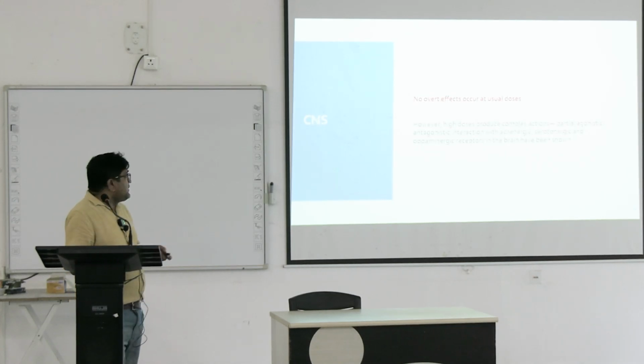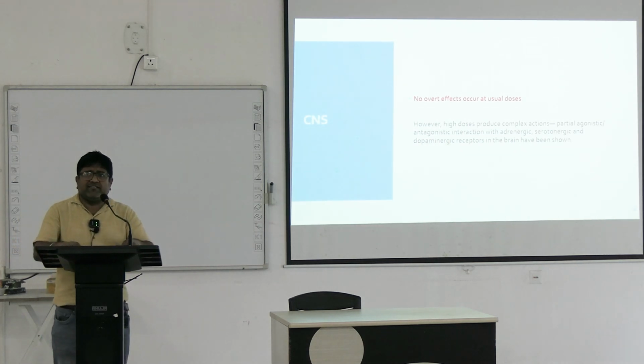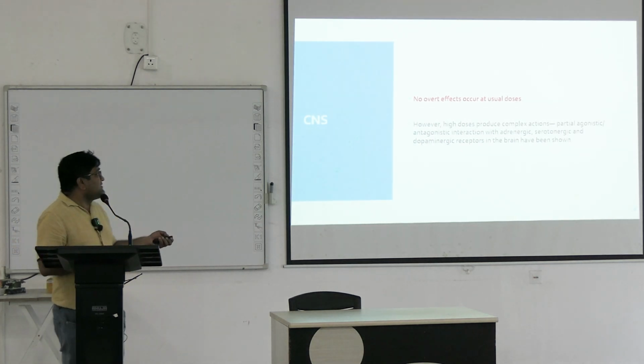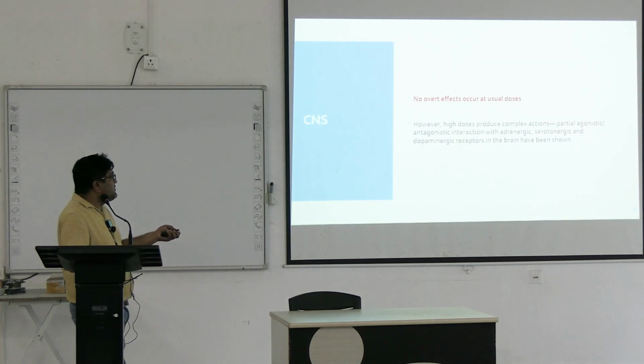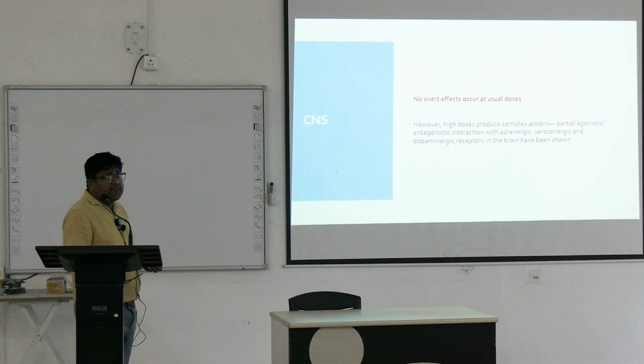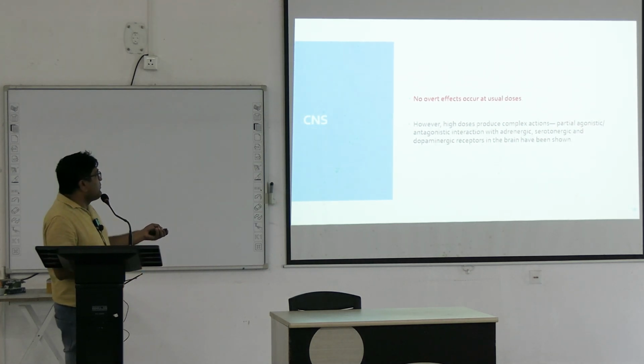Central nervous system: no overt effect at usual dose, but at higher dose, because of complex partial agonistic and antagonistic interaction with adrenergic, serotonergic and dopaminergic receptors, they can produce complex actions.